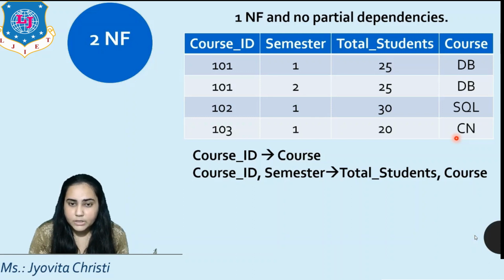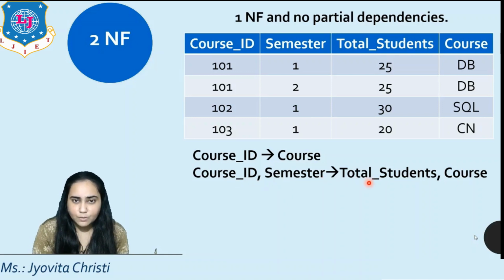Right. But there's also another type of functional dependency created here, and that is where I've written course ID, semester determines total students, course. So this dependency is where if I give you the ID of a course and the semester together, then you can tell me how many total students are taking that course, and at the same time you can tell me which exact course it is.